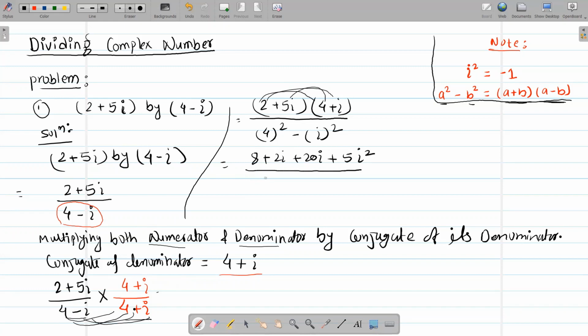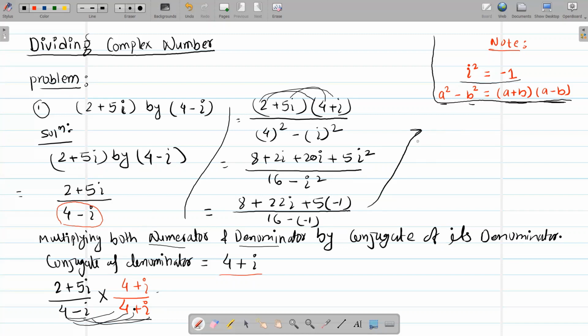Over 4 square is 16 minus i square, right? Now 2i plus 20i is 22i. Now you see i square is what? i square is -1, so you can write 16 minus i square as 16 minus -1, right?